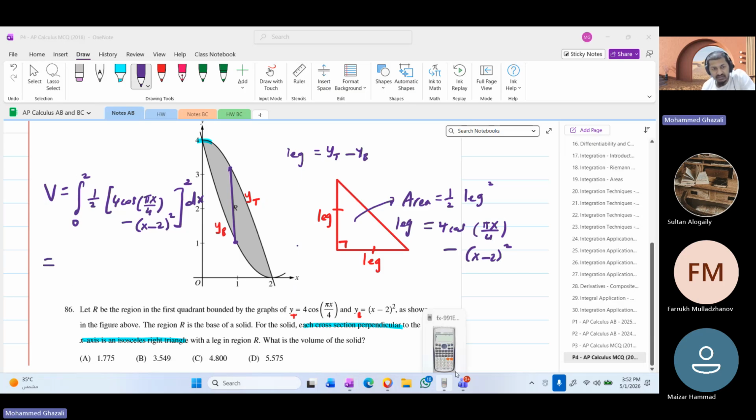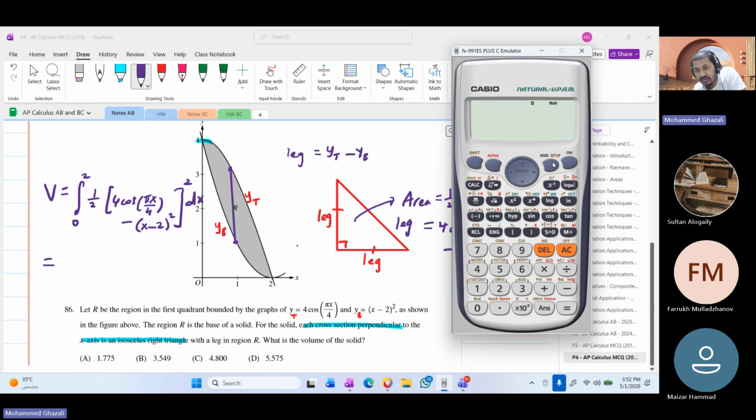Let's do it together, right? So you're going to put the calculator on radians mode. Let me take the half out, so that's 0.5 integral, open bracket 4 cos pi x over 4, close bracket, subtract open bracket x minus 2 squared, close the bracket, squared, dx, from 0 to 2.